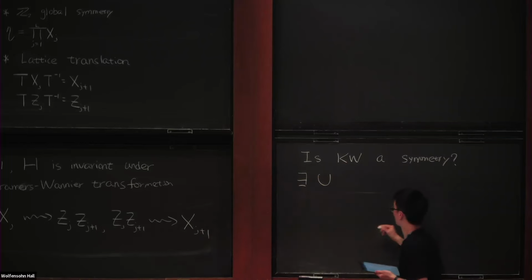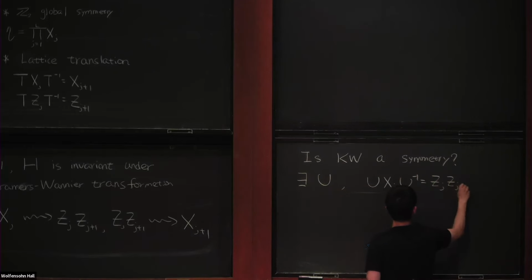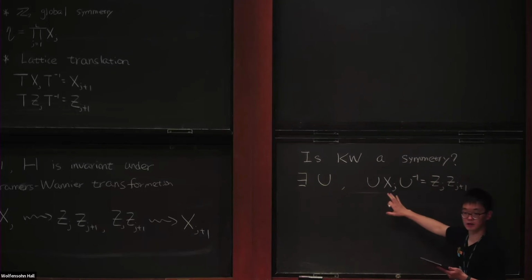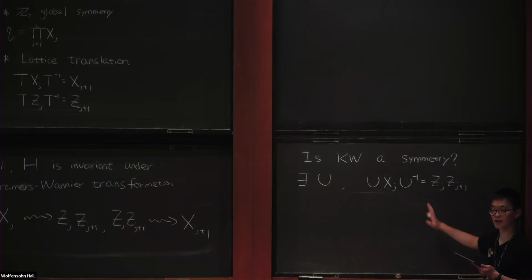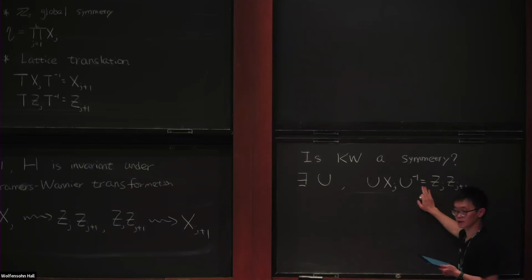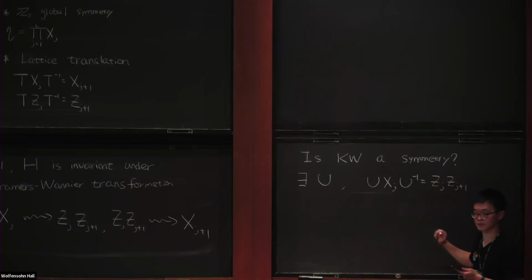That means there's a U such that U X_j U inverse is Z_{j+1}. This is the usual way an ordinary symmetry operator acts on a local operator. It acts by conjugation. But this equality immediately leads to a contradiction.